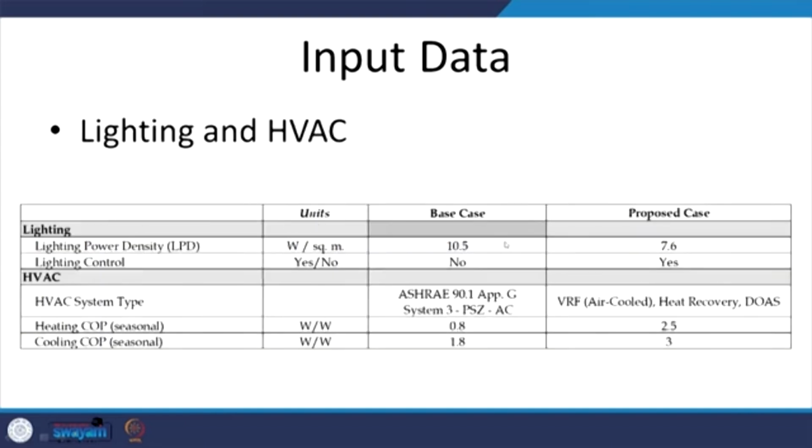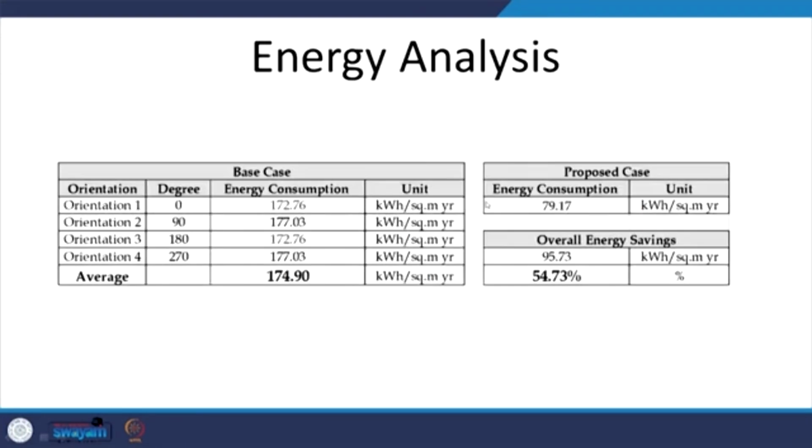We also changed lighting and HVAC. Instead of the standard values which we got from the codes, we changed it to the technology and the more contemporary numbers which are available in the market today.